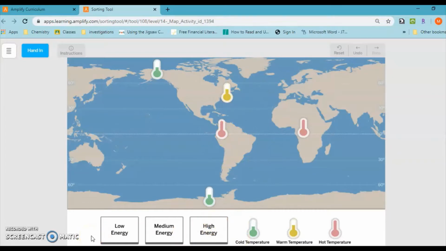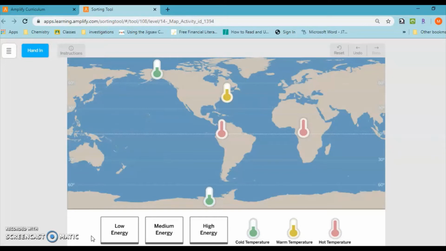So we learned week before last that different temperatures tell us something about energy, right? We learned this a while ago in our heat unit that the more energy something has, the higher the temperature is.